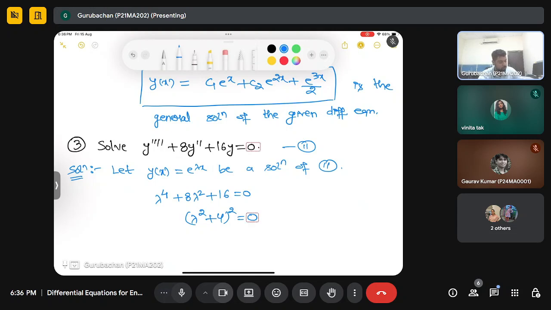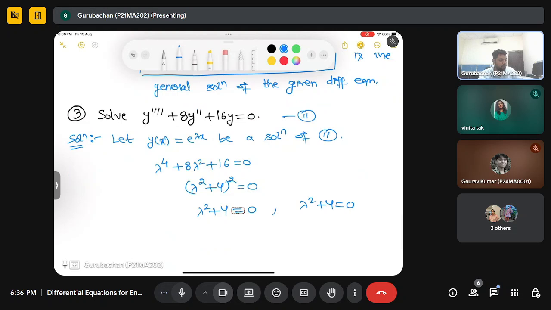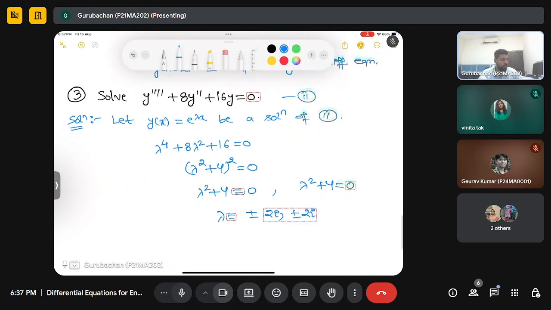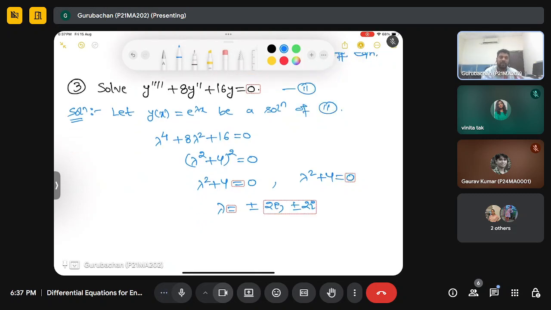So λ^2 + 4 = 0 two times, I can say. So the roots will be ±2i and ±2i. Since we have repeating roots, we will multiply one solution with x to make the solutions linearly independent.